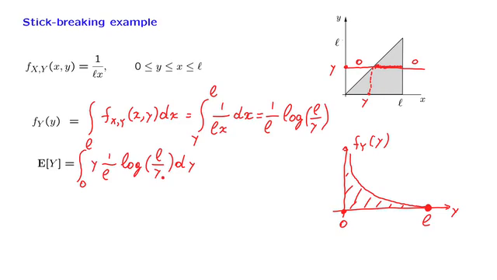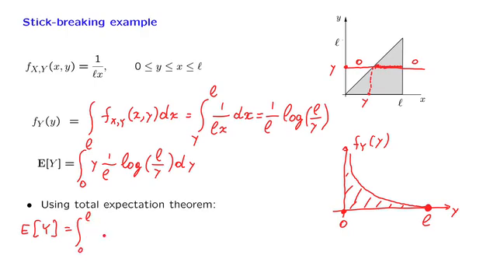The idea is to divide and conquer. We're going to use the total expectation theorem, where we're going to condition on x. The total expectation theorem tells us that the expected value of y is the integral over all possible values of the random variable x, which is from 0 to L, the density of x, which is 1 over L, times the conditional expectation of y, given that x is equal to some little x.